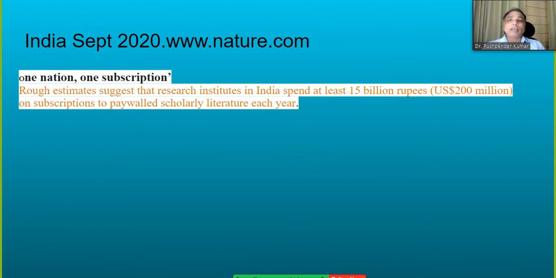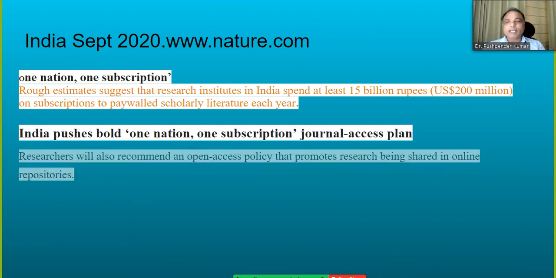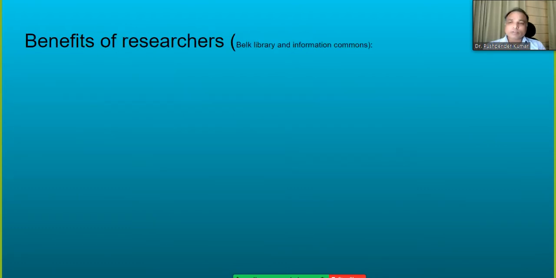Now you see what a big amount we are spending. This is our tax money. This is public money we are spending on subscriptions. So now here you see, India pushes a bold one nation one subscription general access plan. Researchers will also recommend an open access policy that promotes research being shared in online repositories.